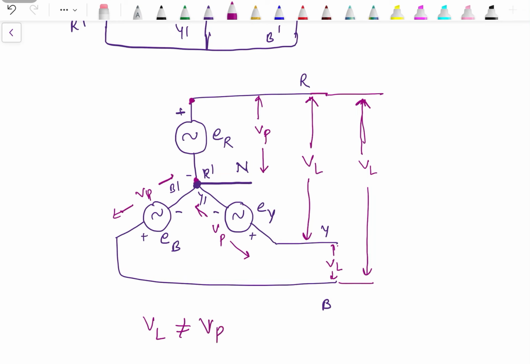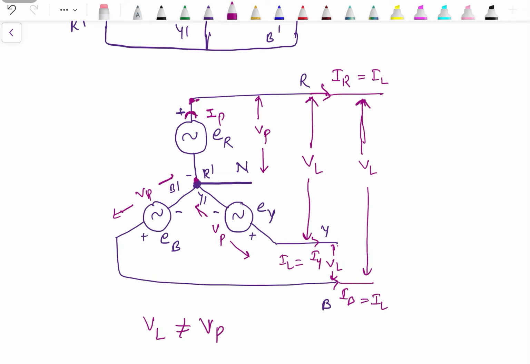Similarly, we can have line current and phase current. Line current is the current which is flowing through each line, like over here, IR, IY, IB. And the current which is flowing from finishing end to starting end is known as phase current. IR is line current, IY is line current, IB is line current.